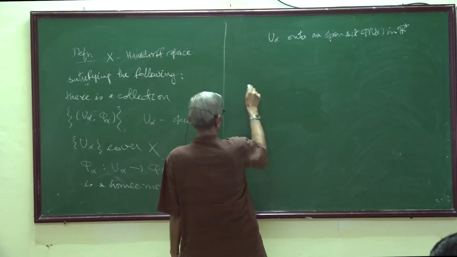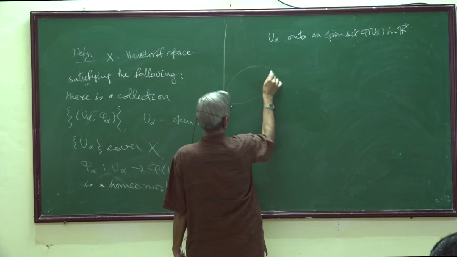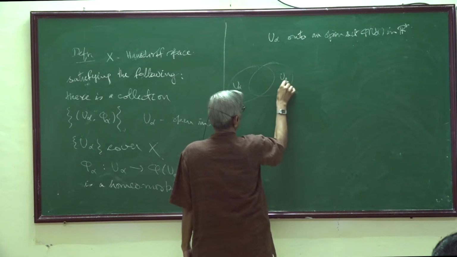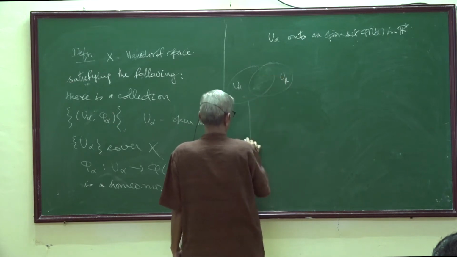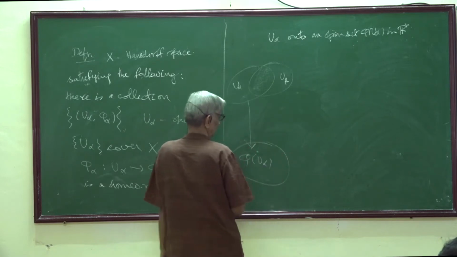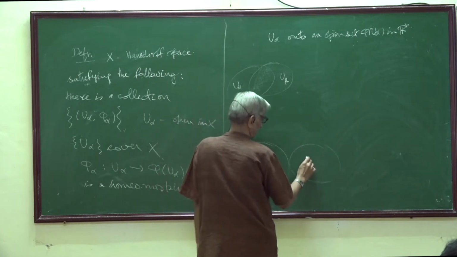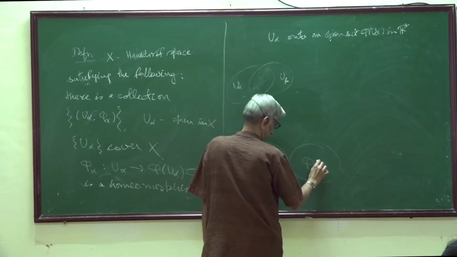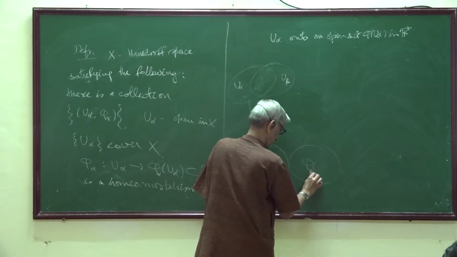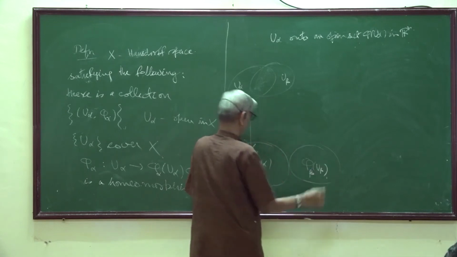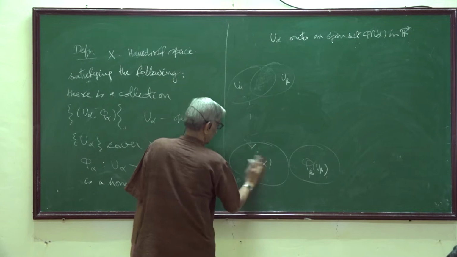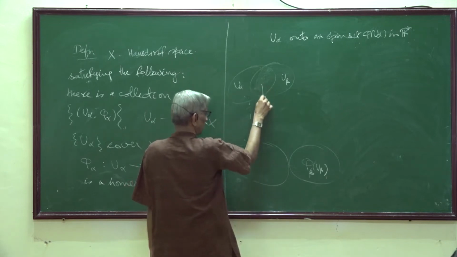So you can draw a picture there. So this is U alpha, U beta. So there's the intersection there. So you have phi of U alpha here. And then you have phi of U beta. So we are going to be interested only in the intersection common part.